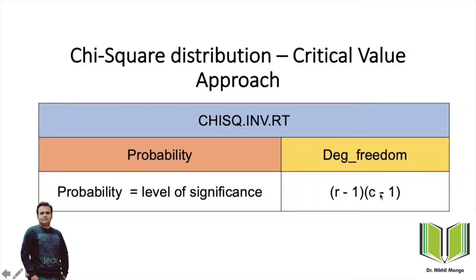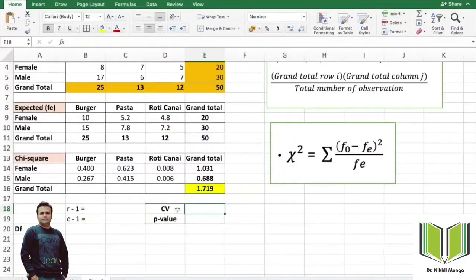Now let's get back to the Excel sheet. First you note down your probability and your degree of freedom. Now you can see here we have to calculate the critical value. Degree of freedom, first we need to calculate, right? Row minus 1.